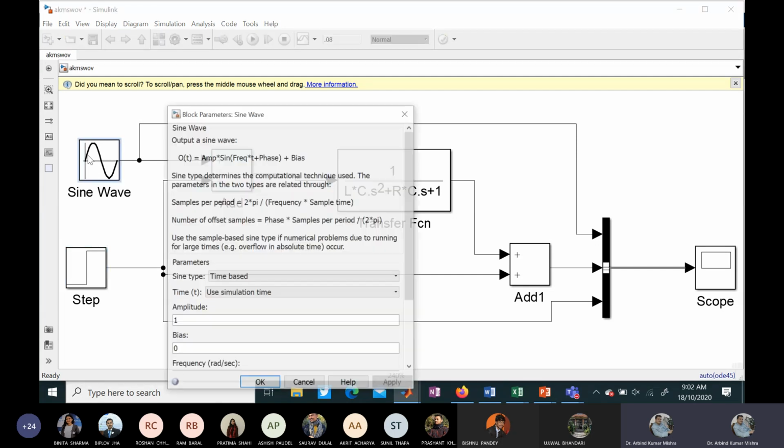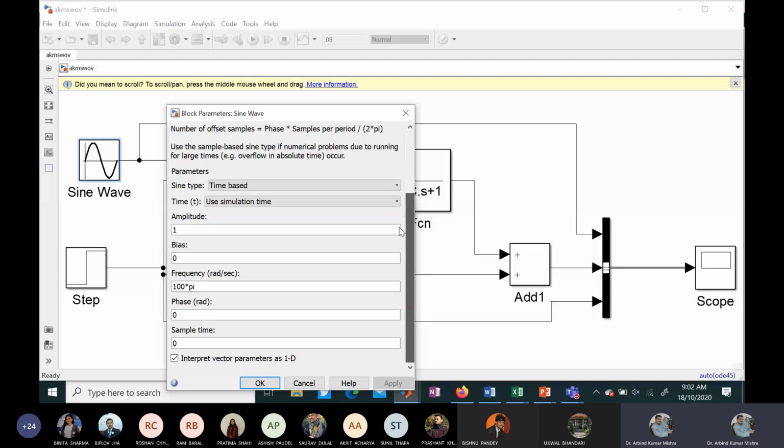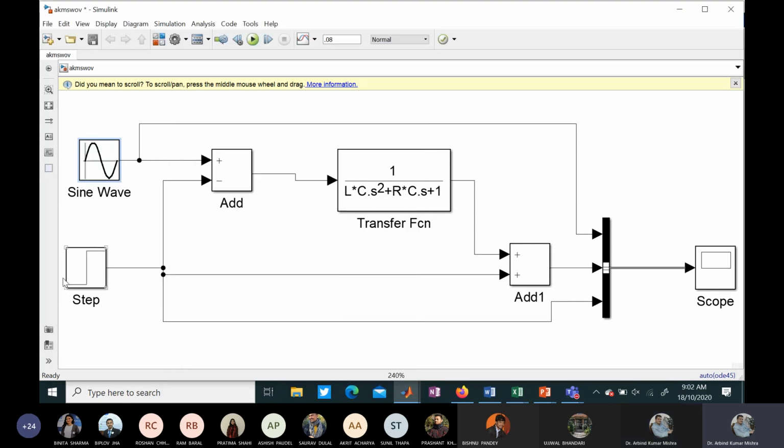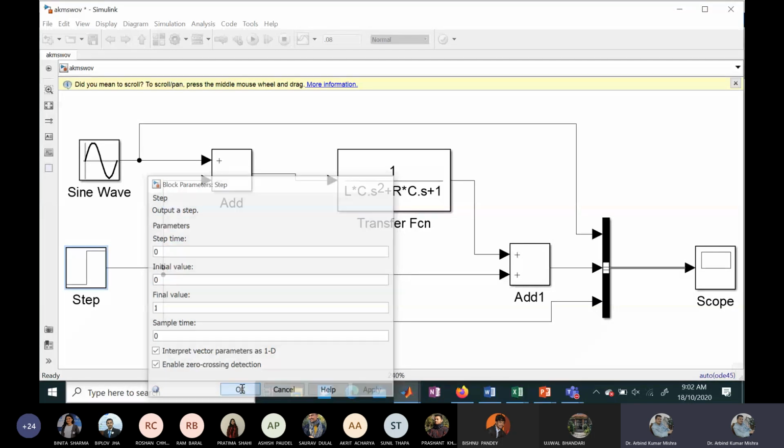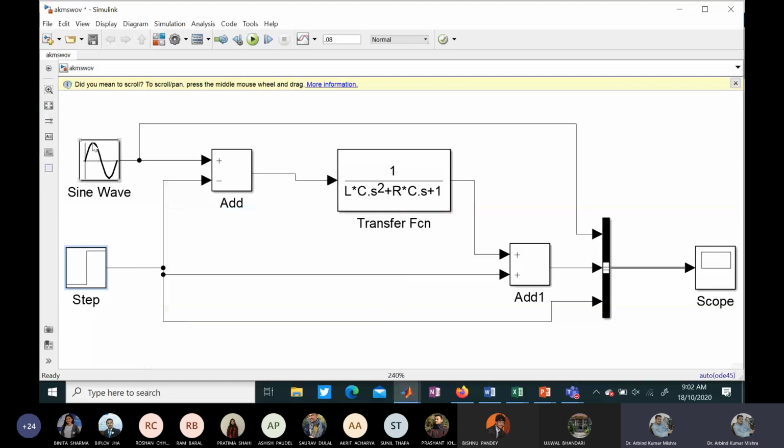Initially I have considered this crossing as the switching. Once we say the phase is 0, it means it starts at the 0 value itself, and for the trap charge I have considered one positive value, that is the maximum V naught magnitude, as you might have seen here. 1 means the initial trap charge is the peak value of this sine wave itself.